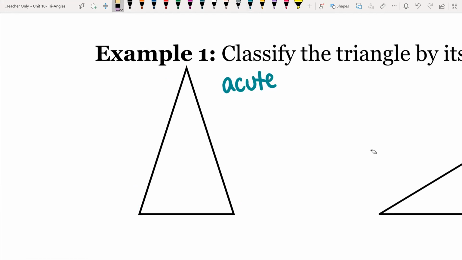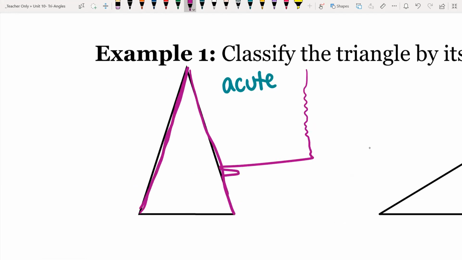And then it's kind of hard to tell, but these two are the same length. So that tells me that it's an isosceles. So it's an acute isosceles.